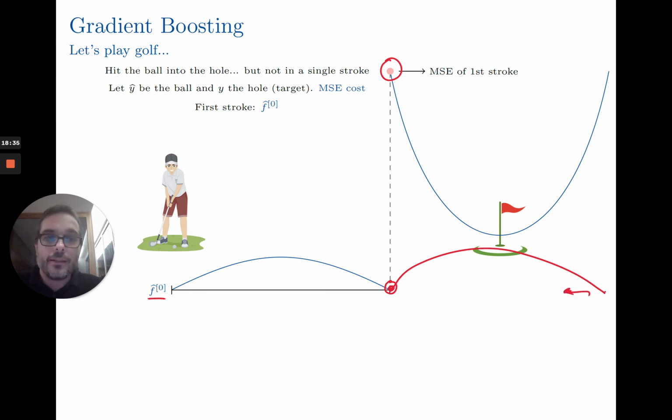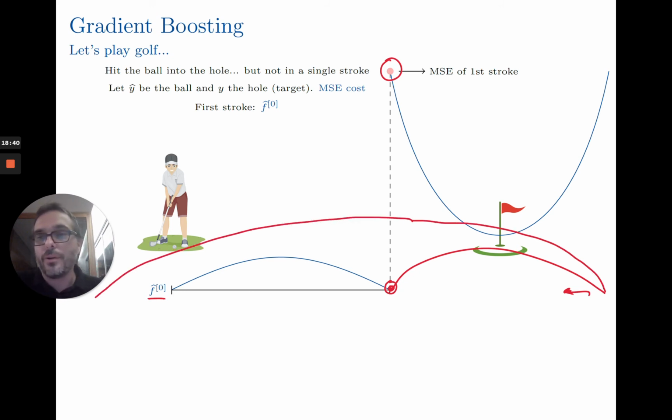So you hit the ball again, but then you give a very strong hit on the ball and then you go here. So you end up further away than we were in the beginning. So we have to keep a balance. We don't need just to go in the direction of the gradient and just sit. We need to balance, we need to dose.